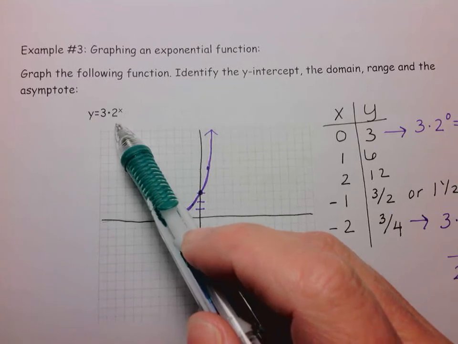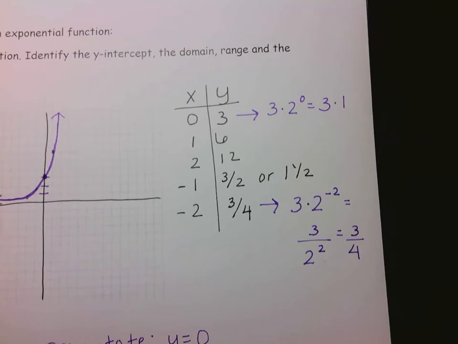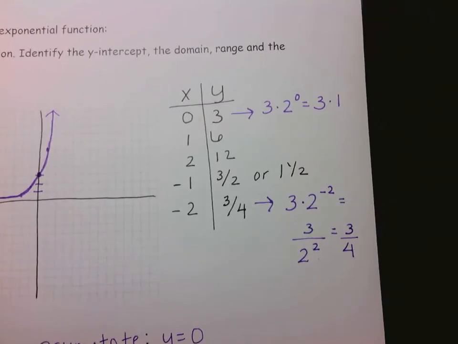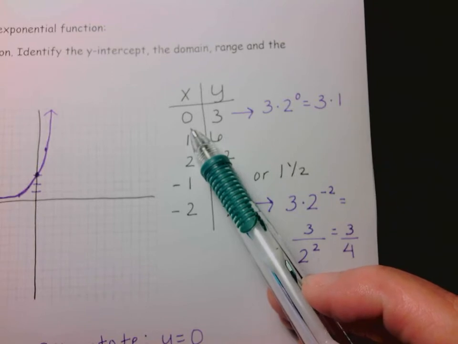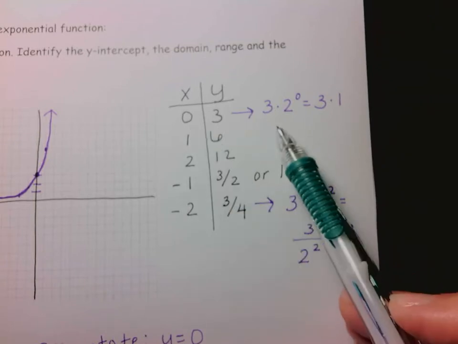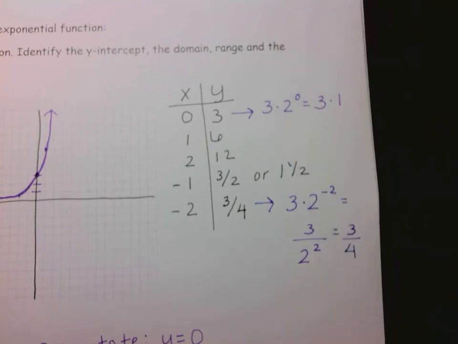And so then y would be 3. The y-intercept here is going to be at the coordinate point (0, 3). The y-intercept is going to be the value of y when x is 0. So you can see when x is 0, y equals 3 because 2 to the 0 power is going to be 1.